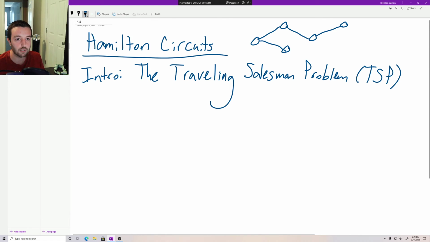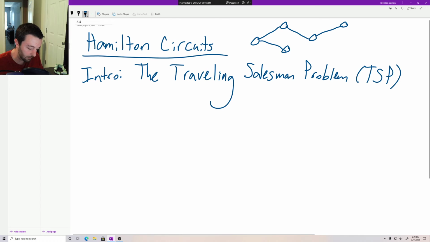There's no reason you'd want to go to any of the houses more than once because you've already been there, right? So you either made the sale or you didn't. There's no reason to go back to the house. So that's our motivation here. We want to only touch each vertex one time.